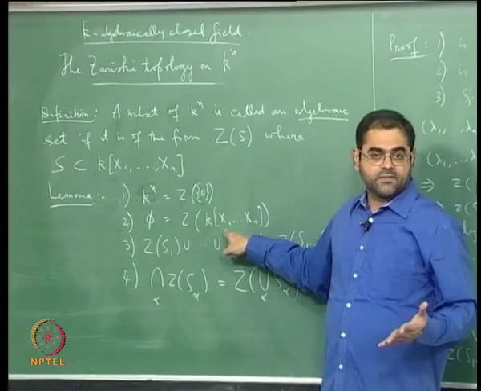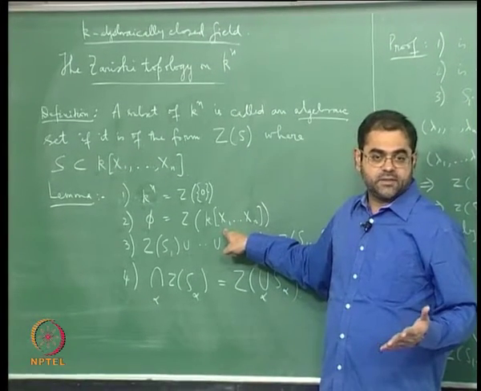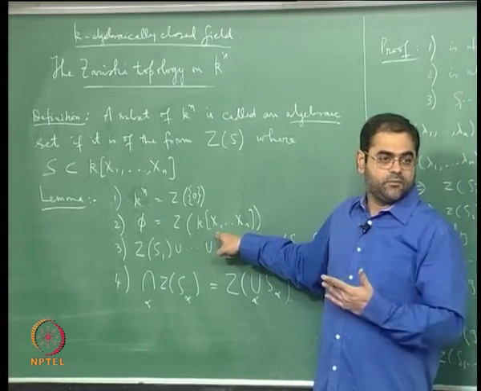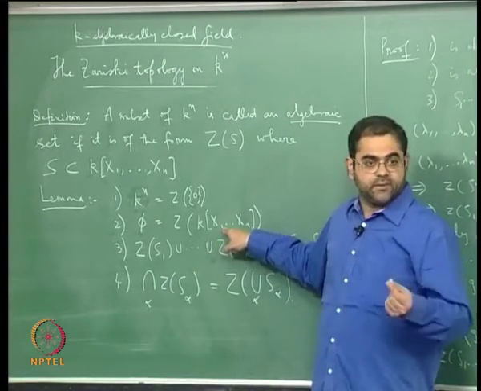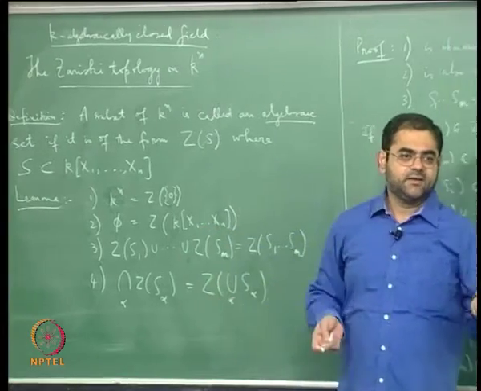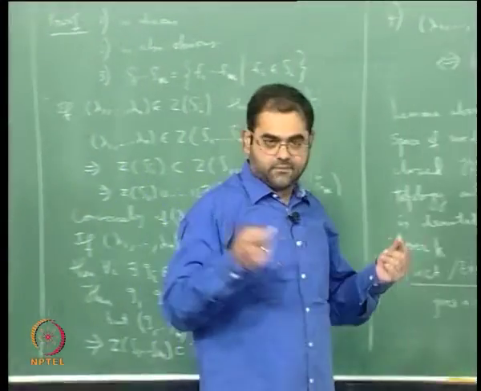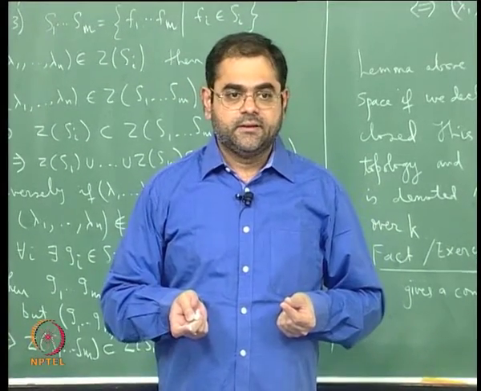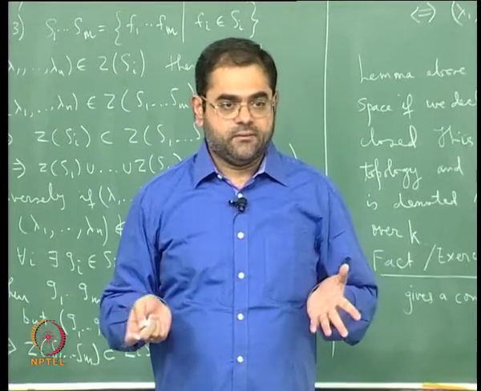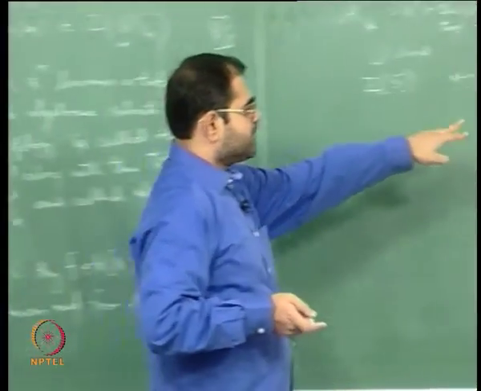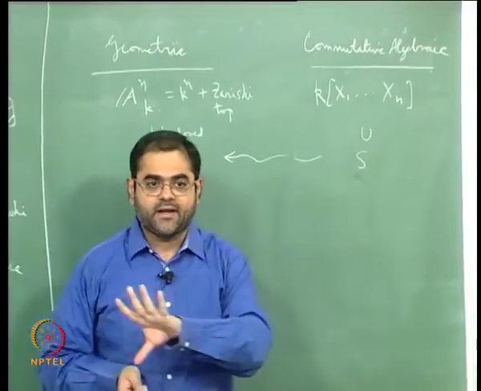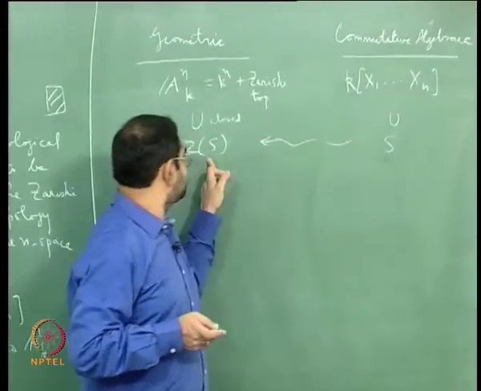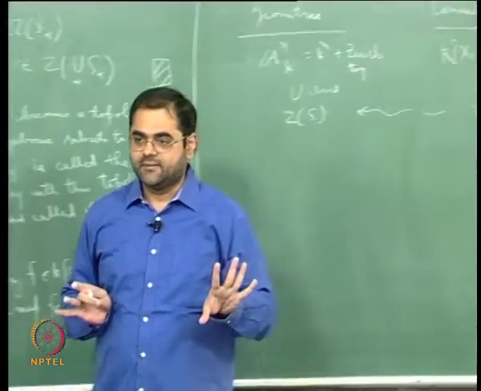A unit is a non-zero constant polynomial which never vanishes. So if your subset S contains a unit, which in this case is a non-zero constant, then the zero set is going to be empty. So there is no point in taking a subring here. You don't want any units to begin with, because if you take units here, this set is empty, there is nothing to study.